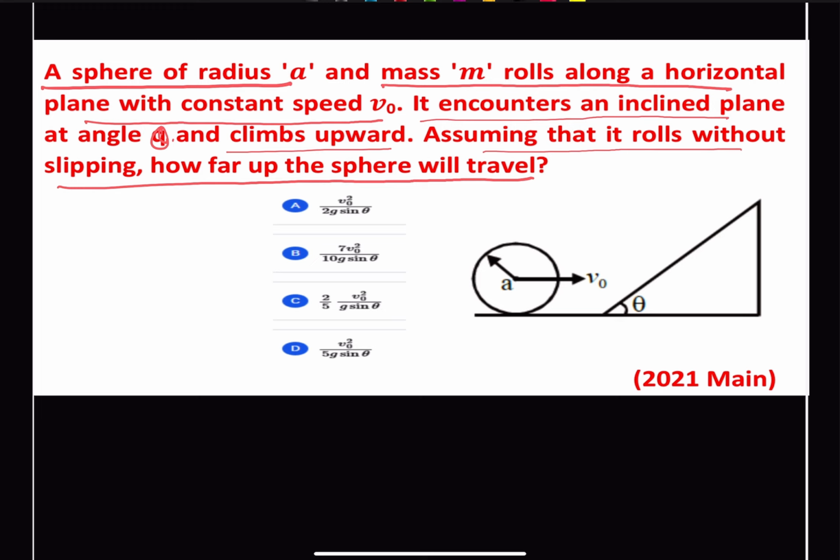Okay. So in this case, it is rolling without slipping, so obviously there will be two types of energies associated with it, translational and rotational kinetic energy. Let us suppose it reaches its maximum height, and this height is given as h, and the slant distance is taken as s.